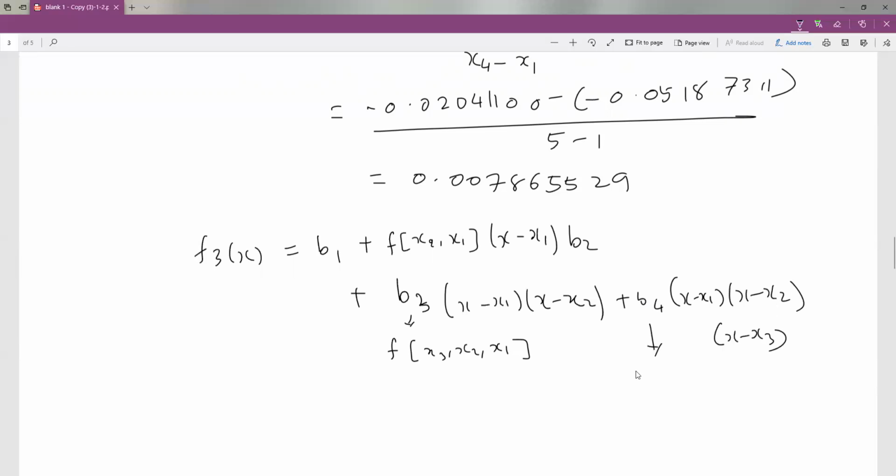Instead of b4, you can write f of x4, x3, x2, x1.